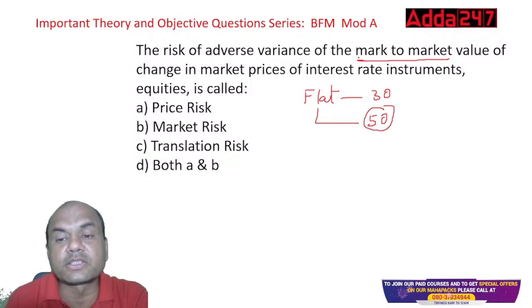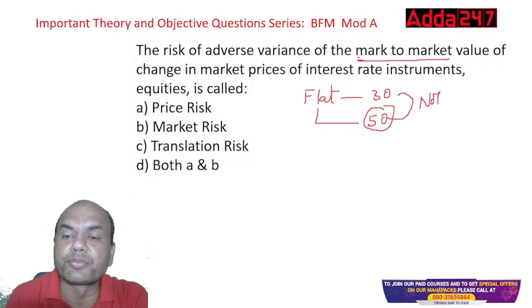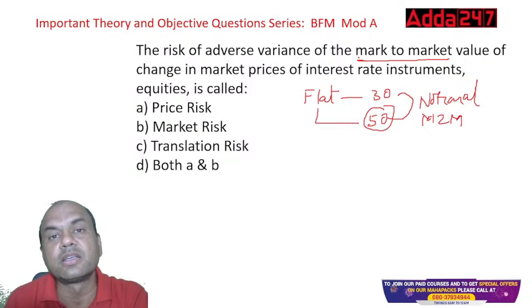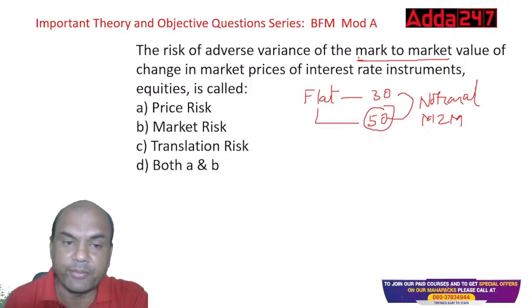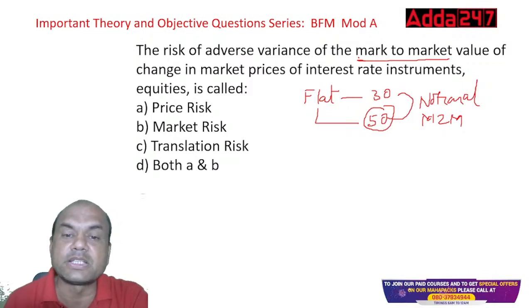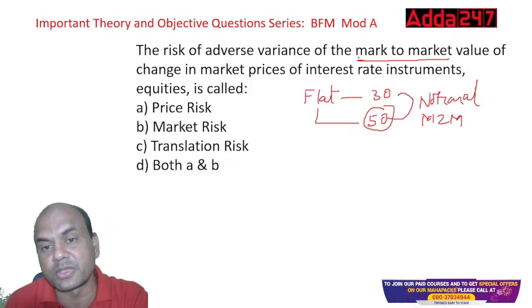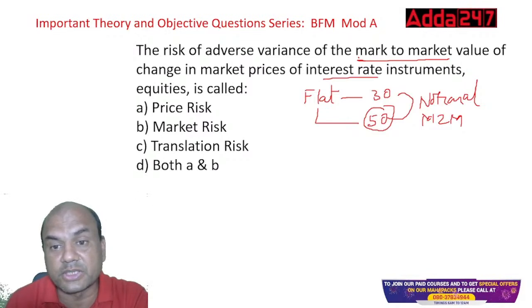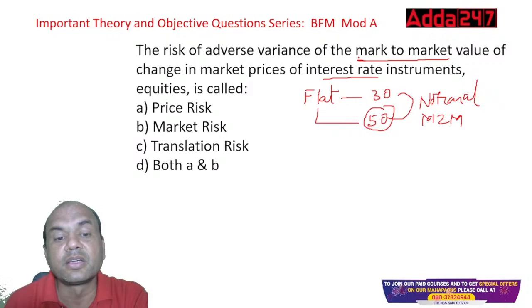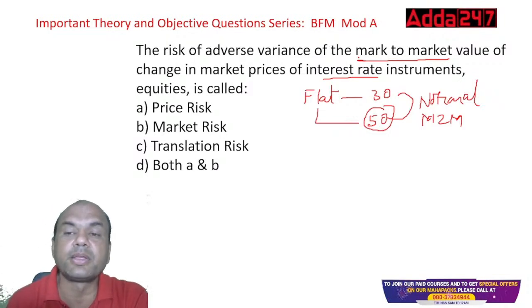This difference is known as notional gain, or mark to market, M to M. M to M means the rate at which I bought versus the present value of my security. So the risk of adverse variance of mark to market value of change in market price of interest rate instruments is called price risk, market risk, translation risk, both A and B.